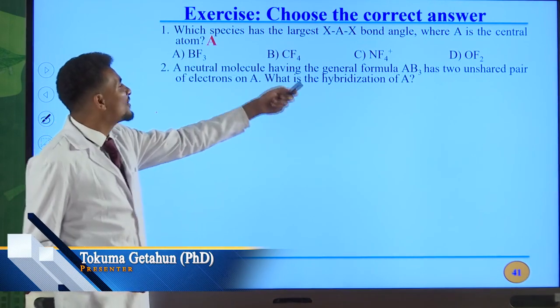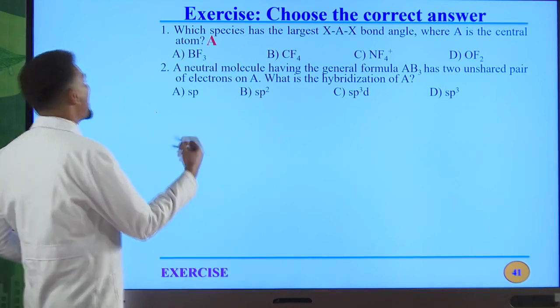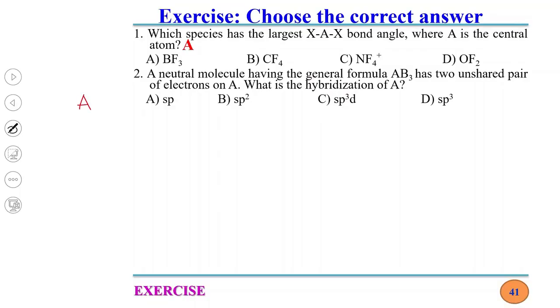A neutral molecule having the general formula AB3 has 2 unshared pairs of electrons on A. We have AB3 type. How many bonds do we have? Totally we have 3 bonding pairs. And it also has 2 unshared pairs of electrons. We have 2 lone pairs of electrons. This is given.